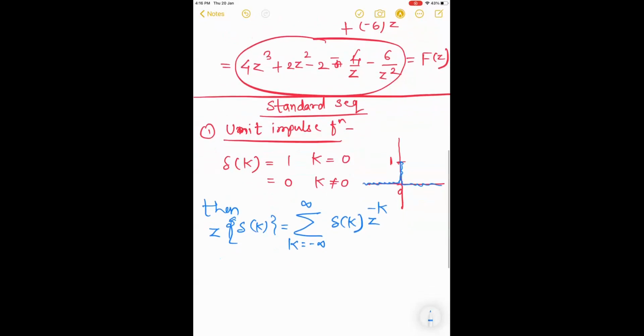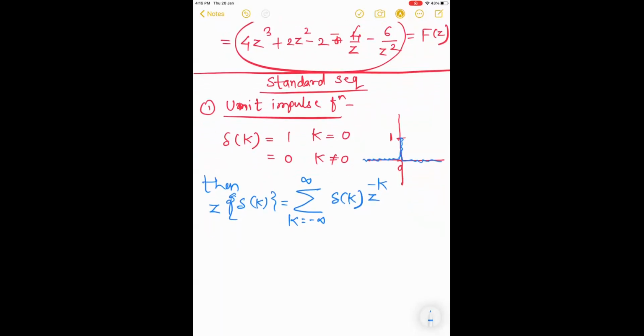Now in this definition we just put in the values of the sequence. The only nonzero answer is at k equal to 0, that is 1. All the other answers are 0.